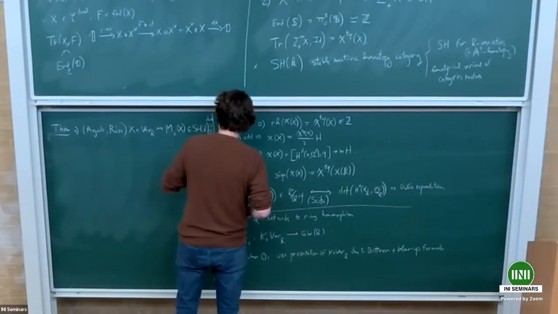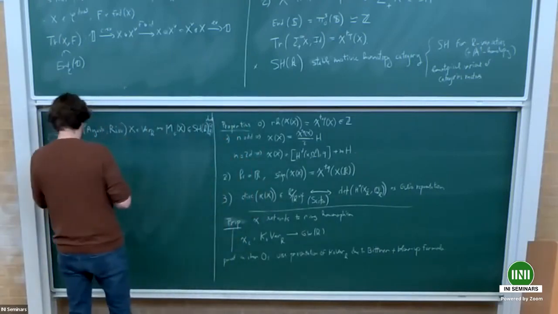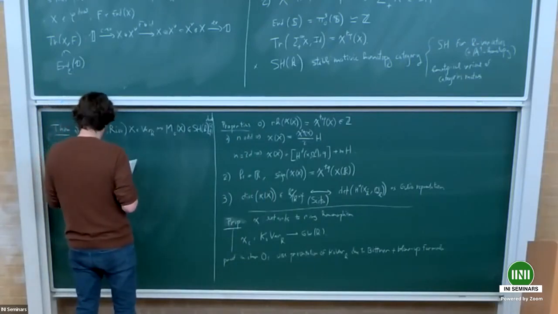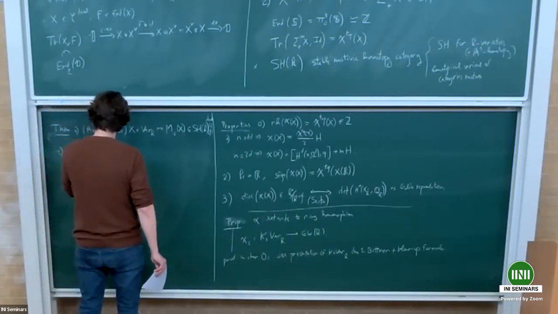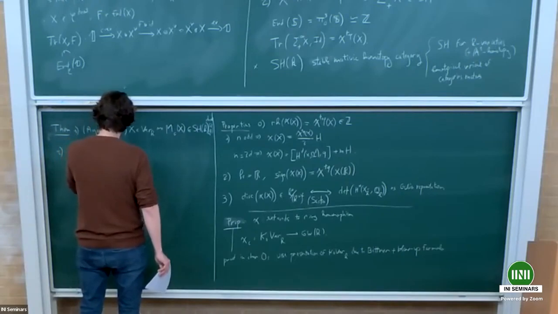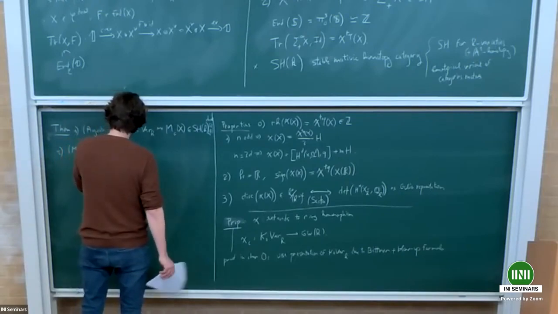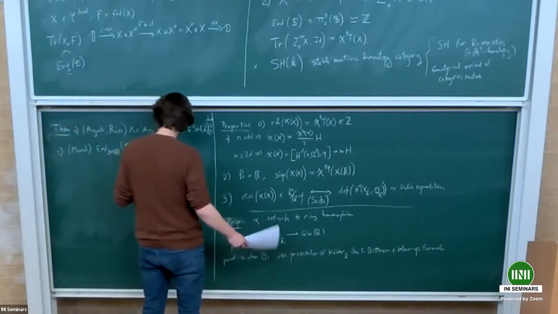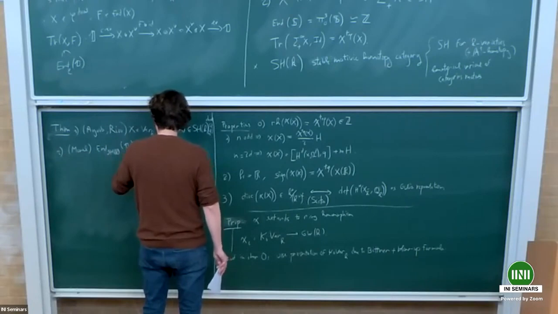I have to invert p, but that won't matter at all. Then there's the theorem of Morel, which will tell me where these traces are going to live, because the endomorphism of the unit object in SH k, so the motivic sphere spectrum, this is now GW of k.